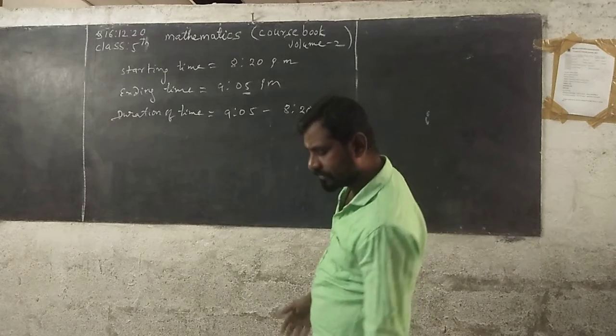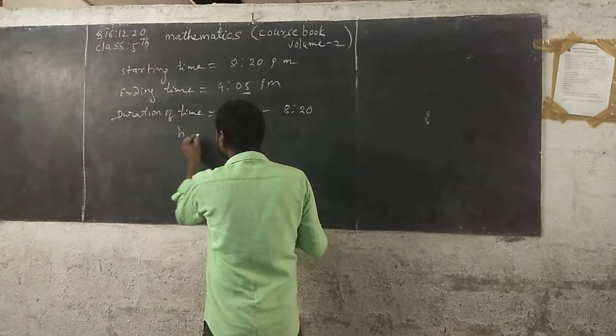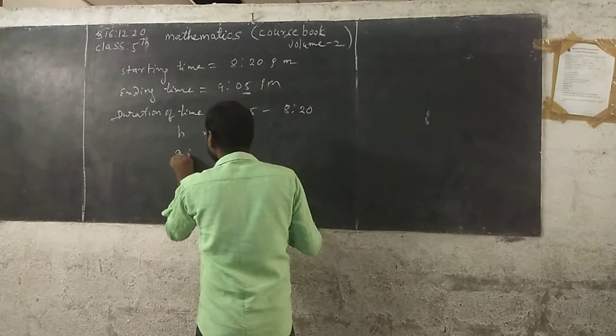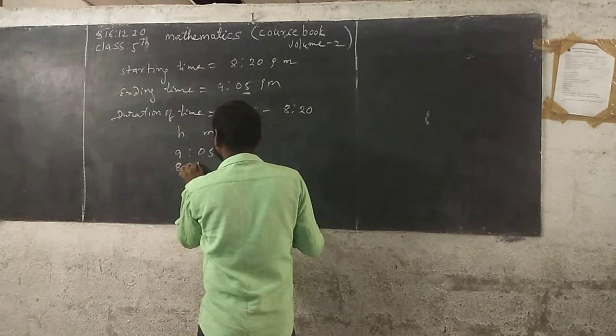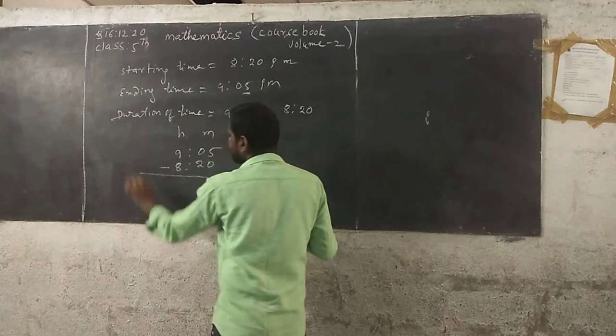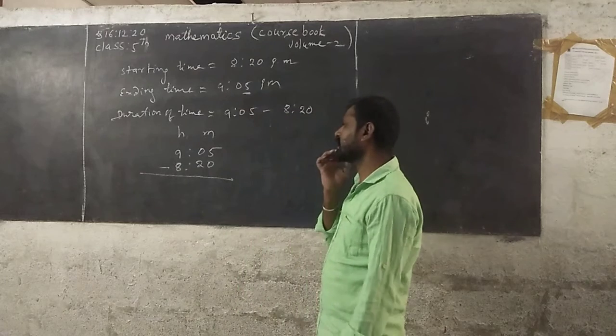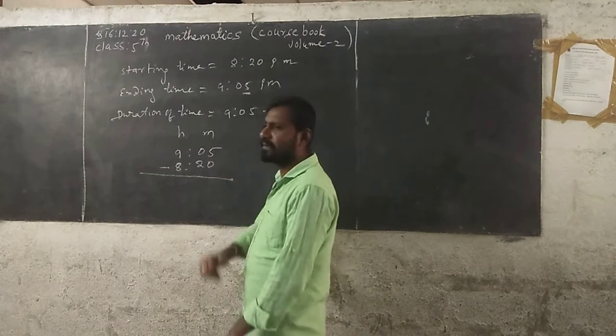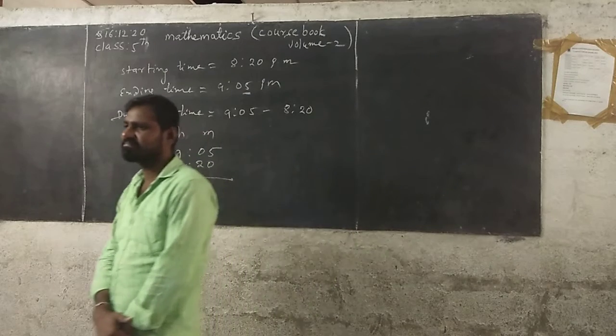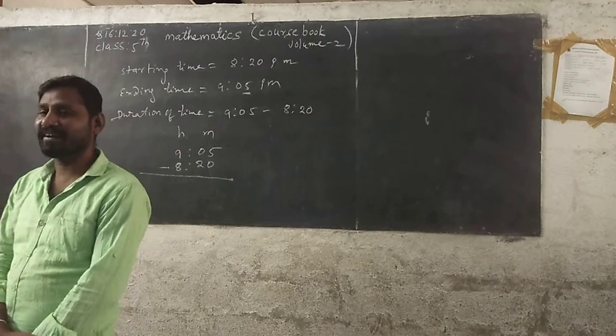Write down everybody. This is hours, this is minutes. 9 hours 5 minutes, 8 hours 20 minutes. Listen carefully. First subtract minutes. 20 is subtracted from 5 minutes. Is it possible, beta? Not possible.